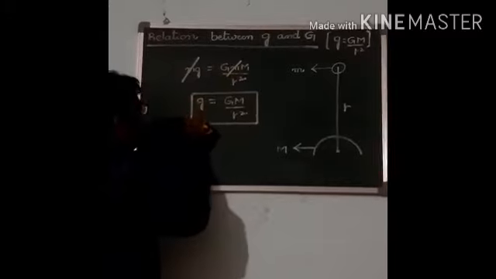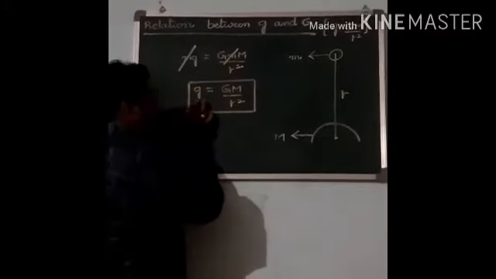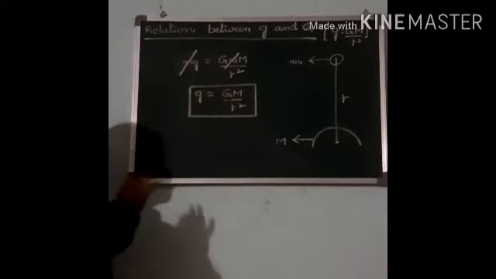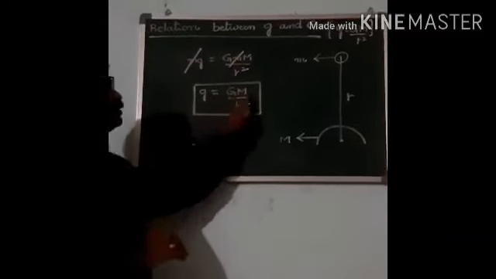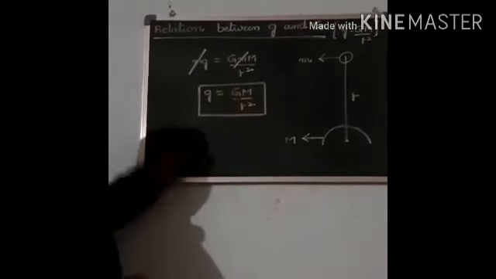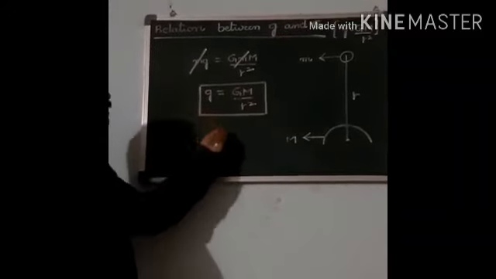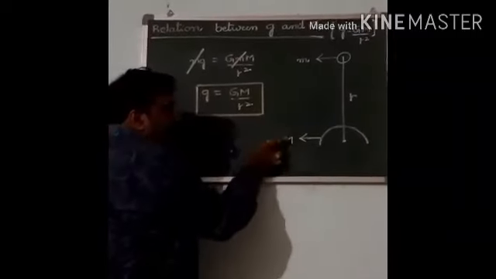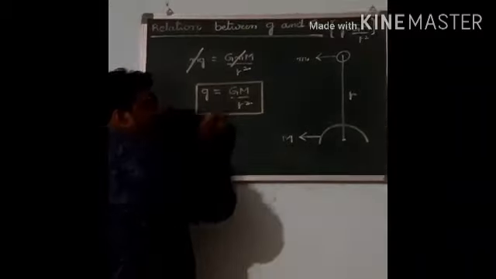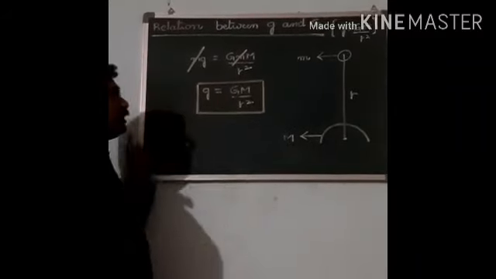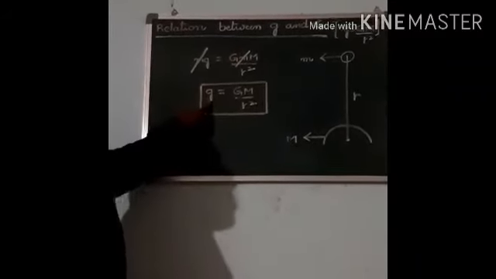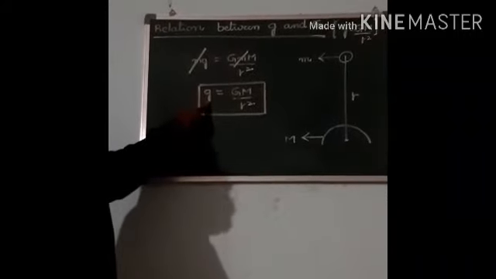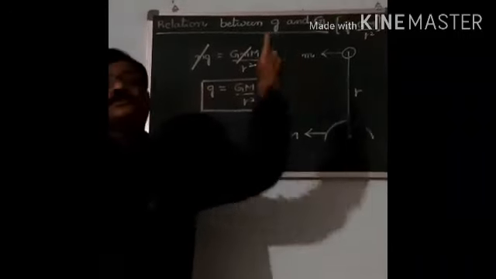So this is the relation between small g and capital G. In the final equation, of the mass of the stone and mass of the earth, which one has disappeared? Mass of stone. That's why we can say that g, acceleration due to gravity, is independent of the mass of the stone.